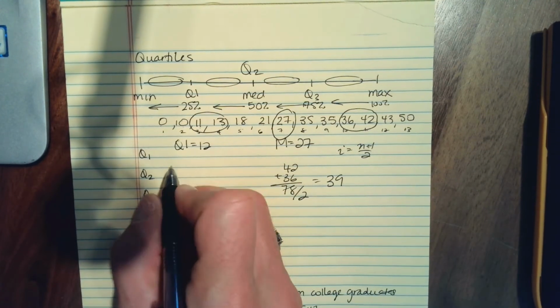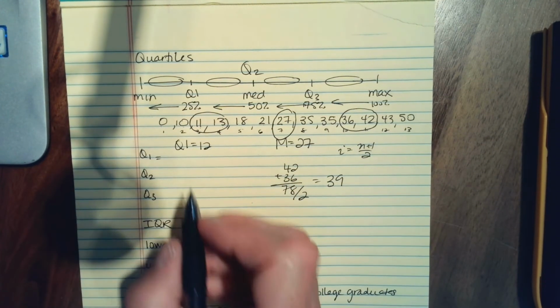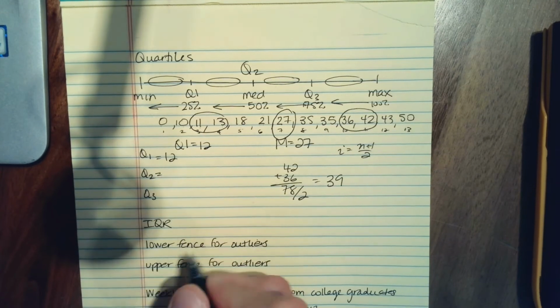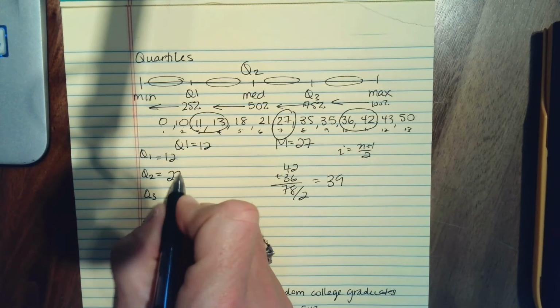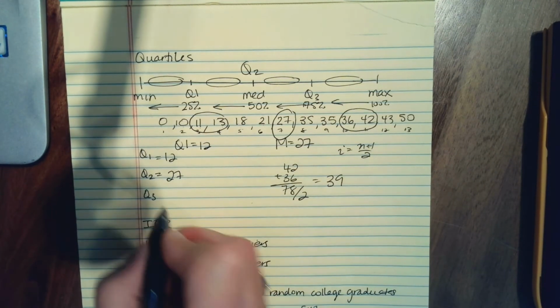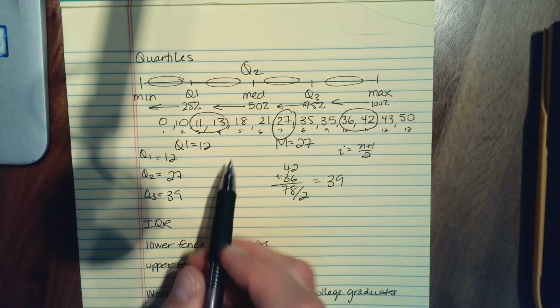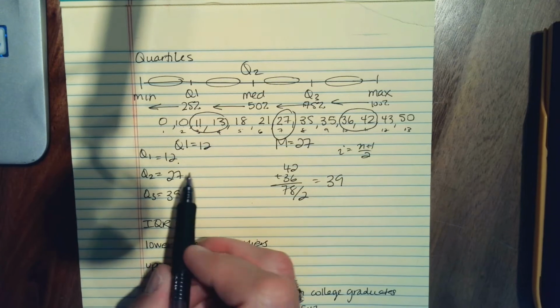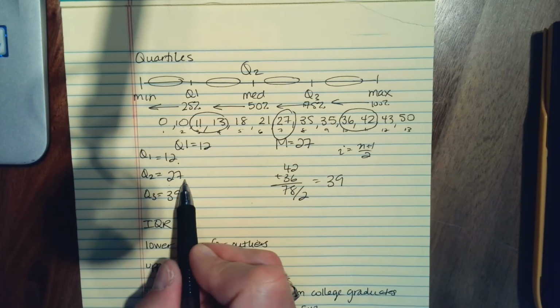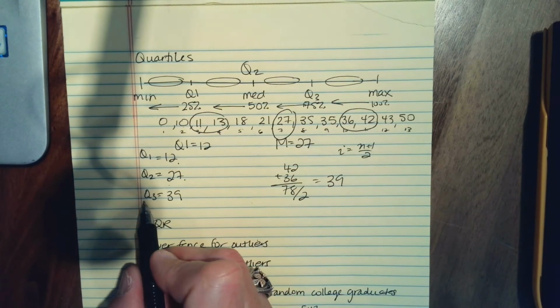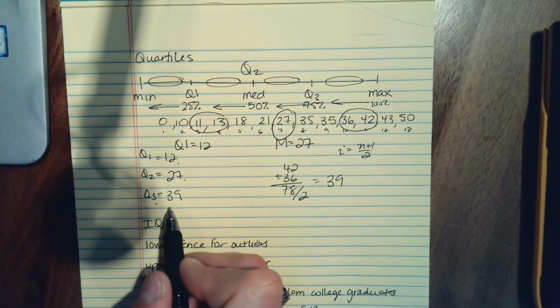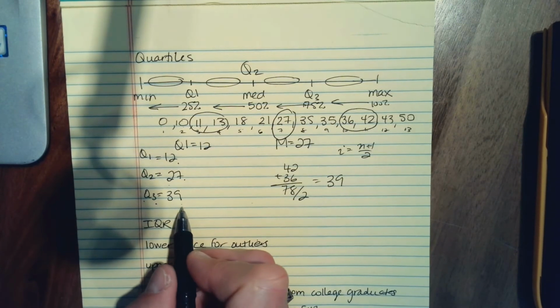So Q1 is 12, Q2, our median, is 27, and Q3 is 39. That means that 25% of our data is less than or equal to 12, 50% of the data is less than or equal to 27, and 75% of the data are less than or equal to 39.